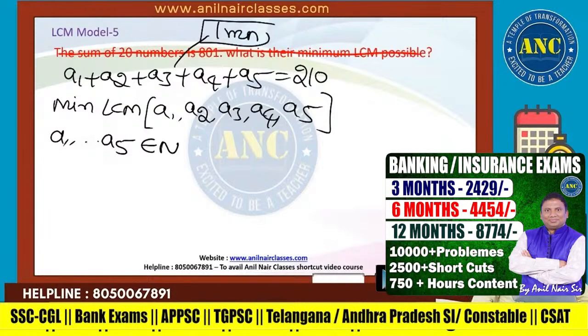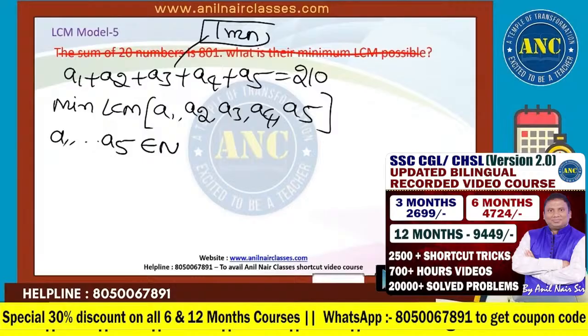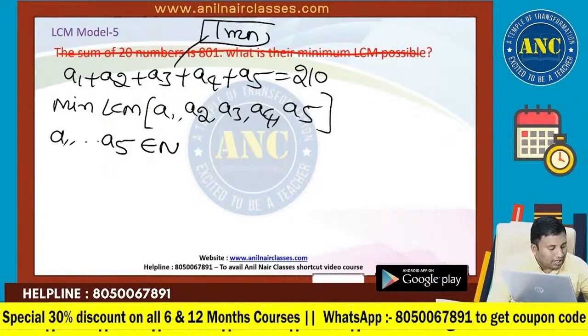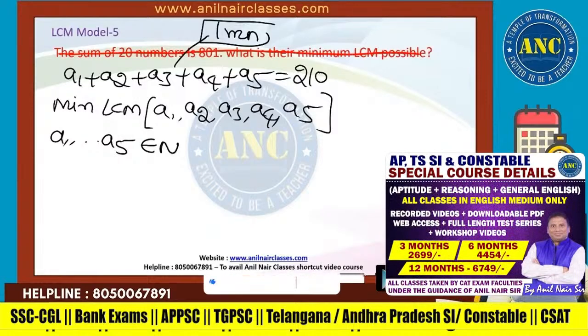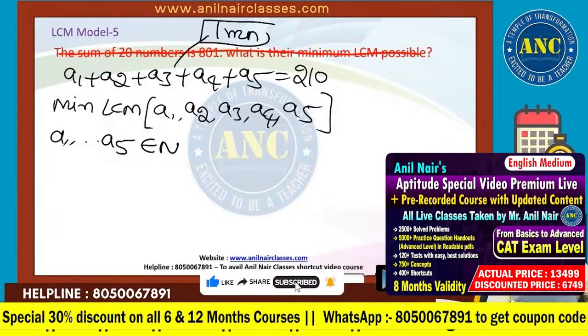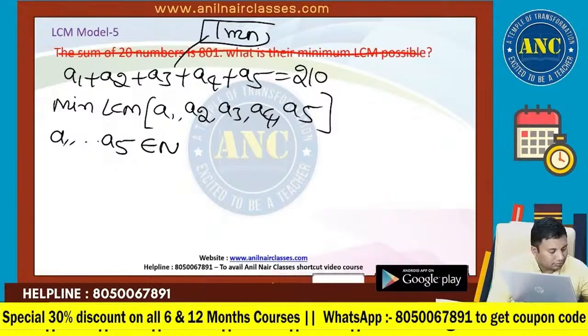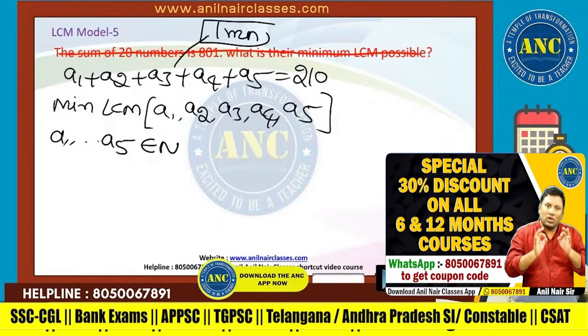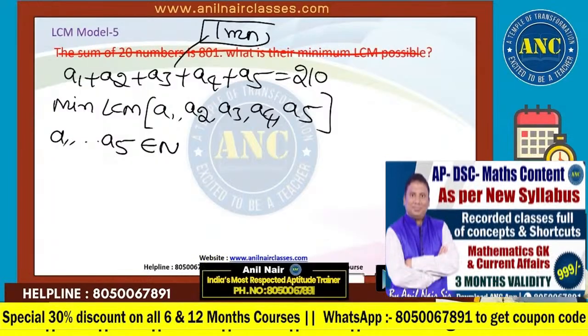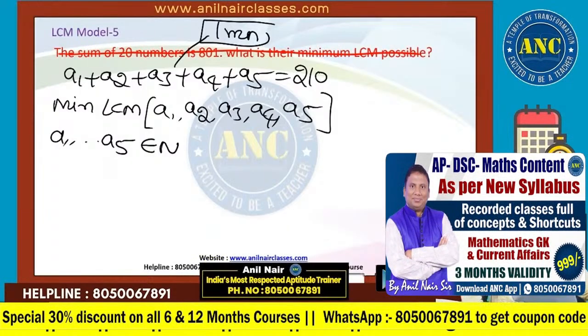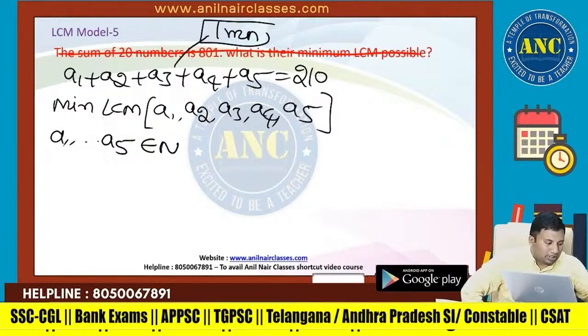I would like to see who will think logically and tell this answer. Please tell this answer. A1, A2, A3, A4, A5, it is 210.